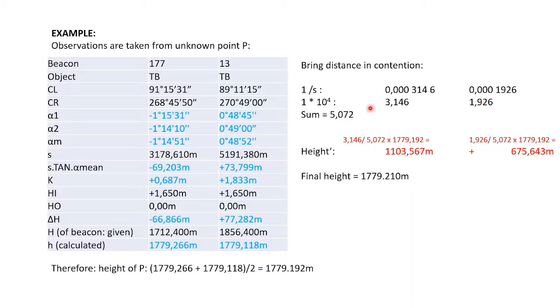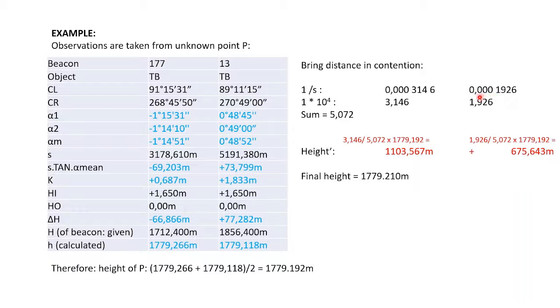Now you don't have to do it like this. It's advised that you do this so you can make it easier for yourself, but what you do to this one, you have to do to the rest of them. So don't times this by 10 to the power 4 and this times 10 to the power 3, for example. What you rather do is you say all of them, 1, 2, 3, 4 values.